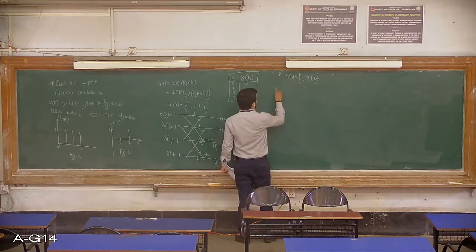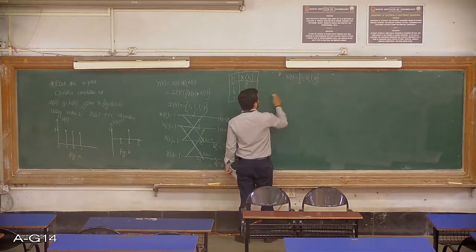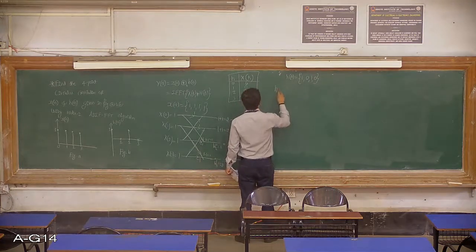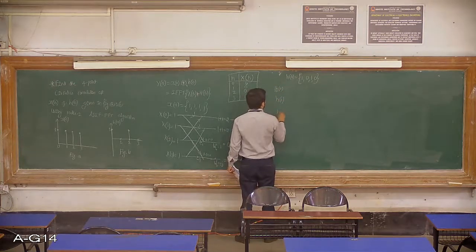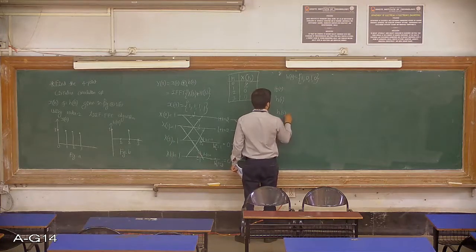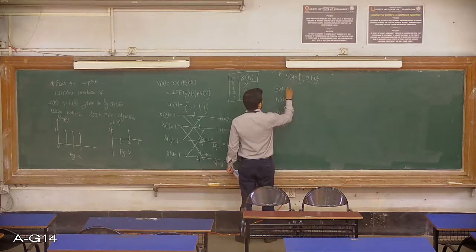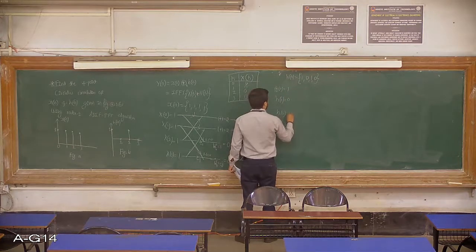So I will write h of 0, h of 1, h of 2, h of 3. Write the values 1 0 1 0.